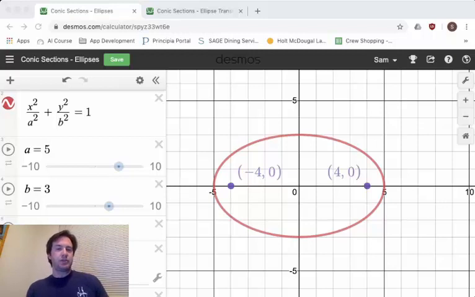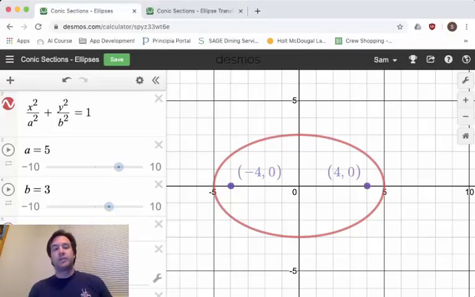Those points represent what are referred to as the foci of the ellipse. Foci, spelled F-O-C-I, is the plural of the word focus. So every ellipse has two foci. And we'll see how we can do the math to figure out where those foci are.